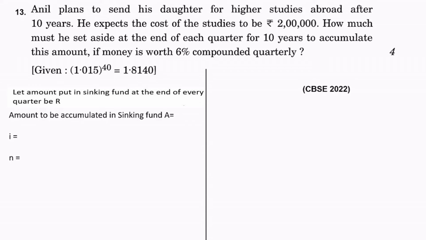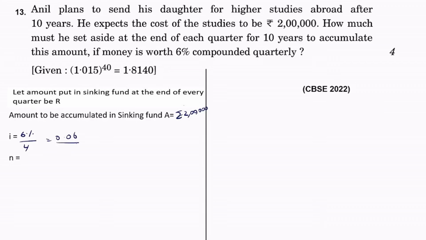So let us take, let amount put in the sinking fund be R. Amount to be accumulated in the sinking fund A is rupees 2 lakhs. And next we have I. I is 6% compounded quarterly. So it is 6% divided by 4.